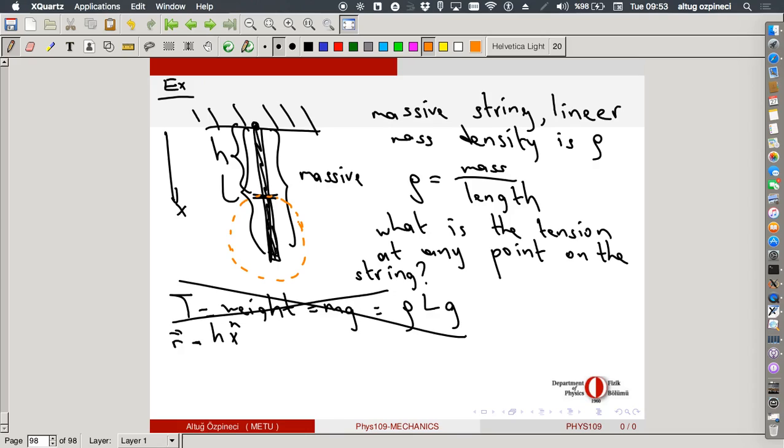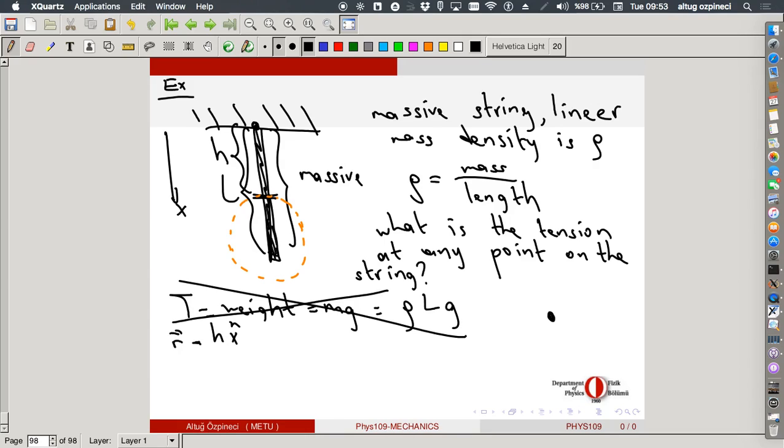Although it's not a point object, it's not changing its orientation or its shape. Let's just imagine this point is my mass. This whole string, I can represent it by this point. It behaves like a point object.